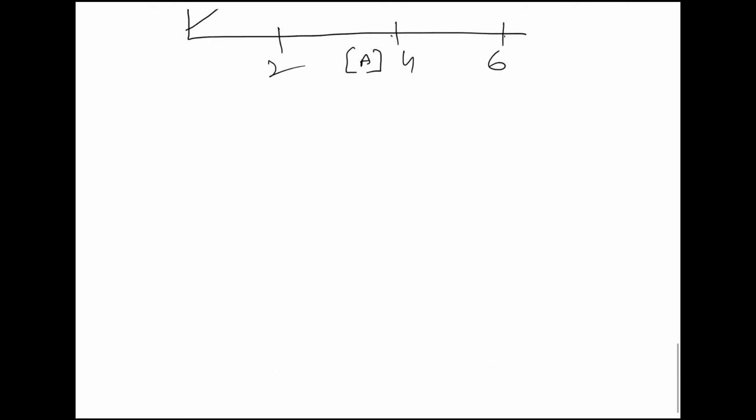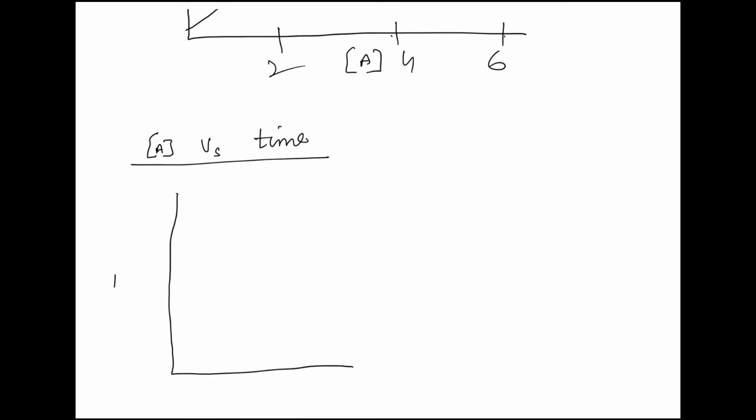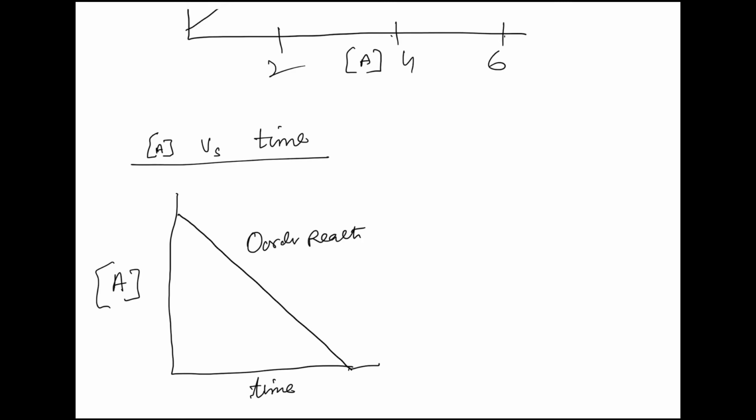Now, if we draw the graph between concentration versus time, this is A and this is time. For zero order reaction, this will be the graph.